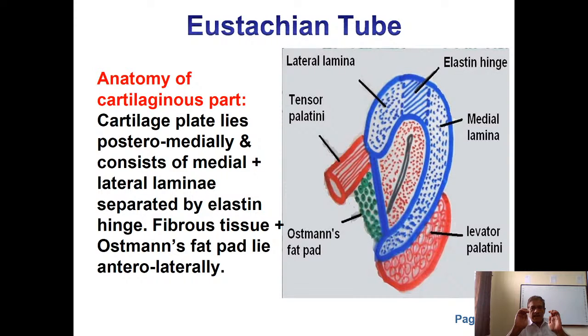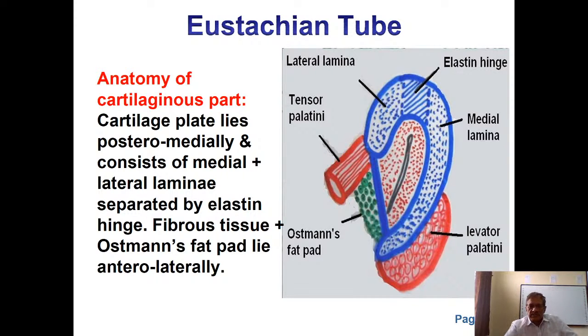That's the posterior part, and that's the medial part. That's the cartilage. Whereas anterior inferiorly, it is by the fibrous tissue and a pad of fat, which is called Ostmann's pad of fat.